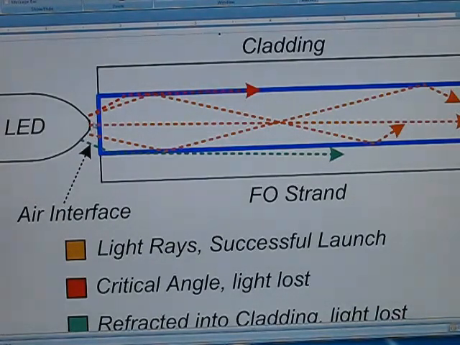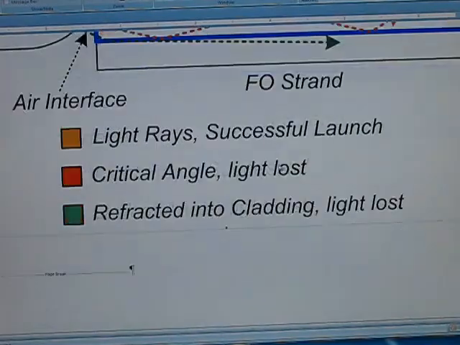If the angle is at the critical angle, the ray of light will travel between the core and the cladding. And remember, the cladding has a higher velocity of propagation than the core, and this ray would be lost to the receiver. If the angle is steeper yet, the refraction puts the ray in the cladding, once again lost as a ray of light to the receiver.